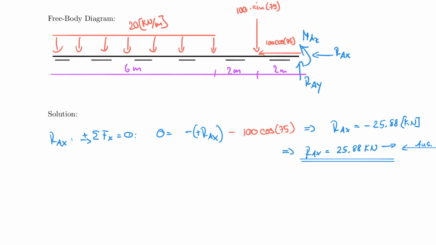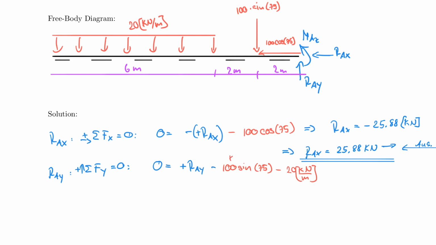And I can move on to my RAY, which is nothing else than the sum of the forces in the y direction being equal to 0, upwards positive, and 0 is equal to plus RAY minus 100 times sine 75 minus 20 kilonewton per meter.